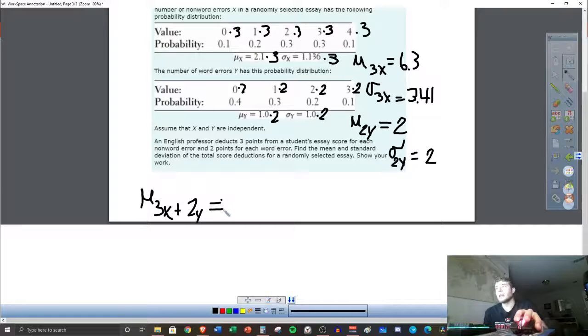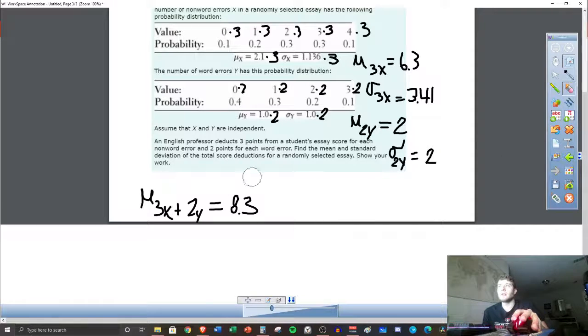Well, we just add them together. And that's 6.3 plus 2 is 8.3. And I think most people got this. I think the real issue was the standard deviation is what happened on this one. And I know in my original video, I had a particular way I was doing it with the help video, the lesson. But if we take our time with it and do the transformation first, like what I've done here, it's going to make this a lot easier.